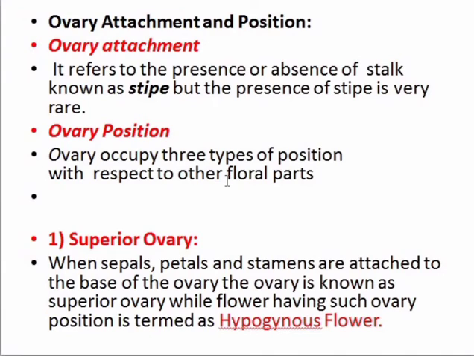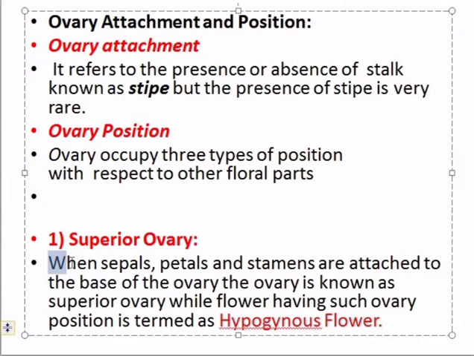Ovary position. What does it mean by ovary position? Ovary occupies three types of position with respect to other floral parts, like sepals, petals, and stamens. So the very first one is the superior ovary. Now what is superior ovary?